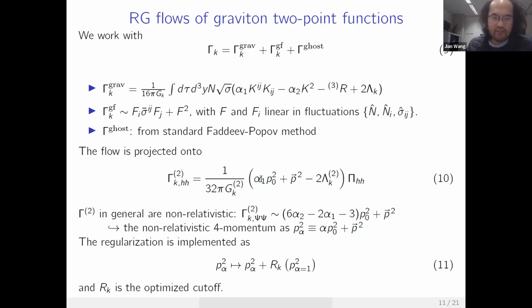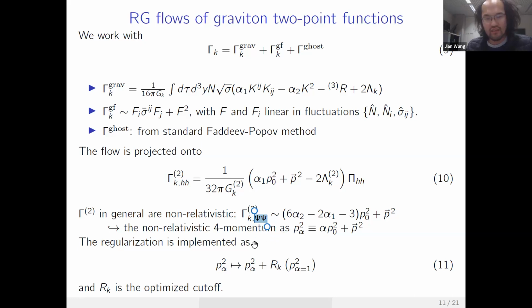Finally, we need to specify the regulator part. Since the 2-point functions in general are non-relativistic, we can further look at the trace part of the 2-point function. We can see that it comes in a more ugly form.